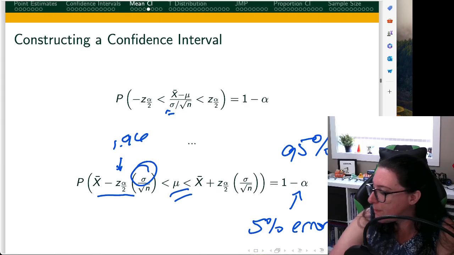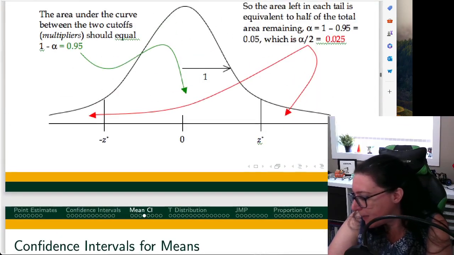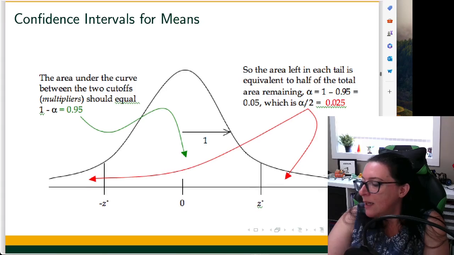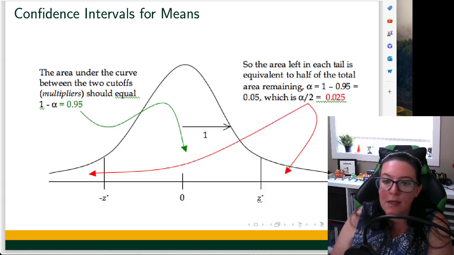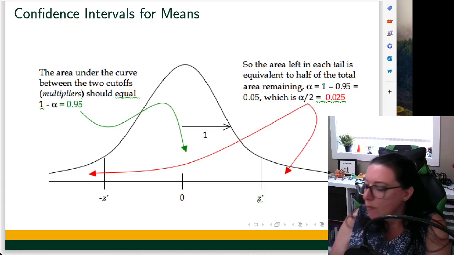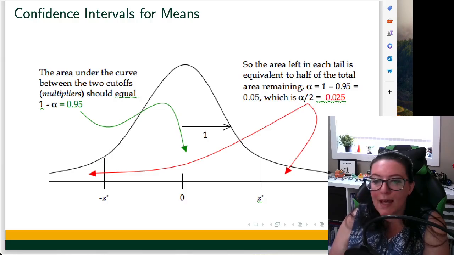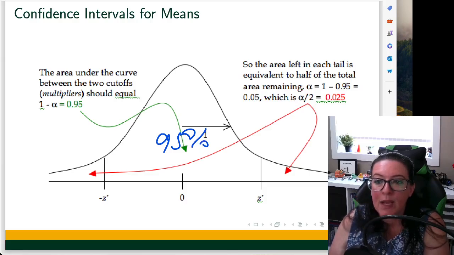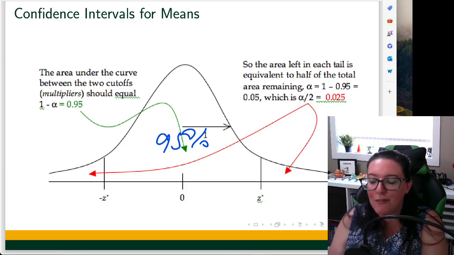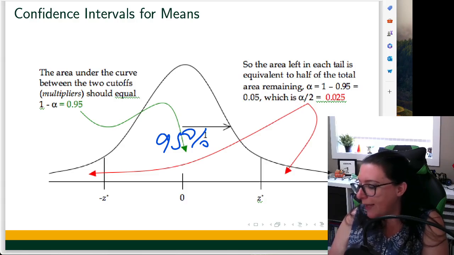Okay, so let's just backtrack a little bit here because I'm getting ahead of myself. The area under the curve between our two cutoffs is going to be equal to that 95% confidence interval. That's this 95% here. And if we're doing what we call a two-tailed test or a confidence interval, then the tails are going to be equal in amount.